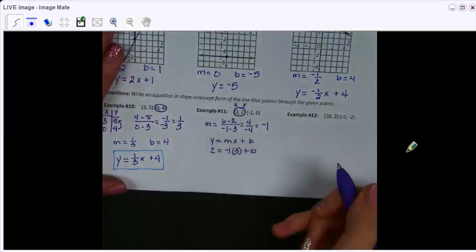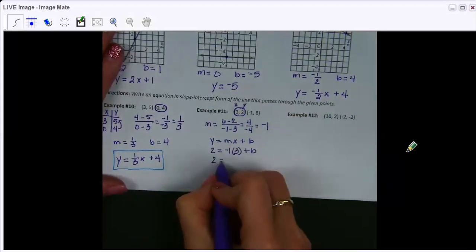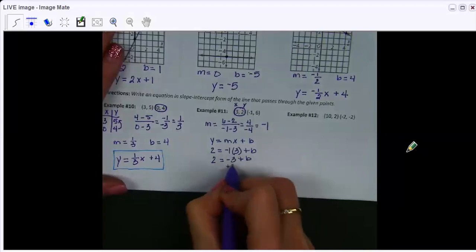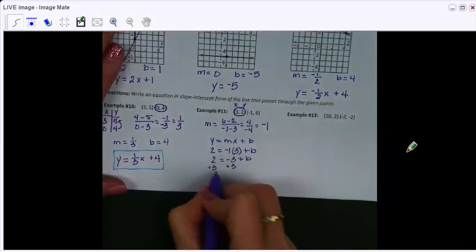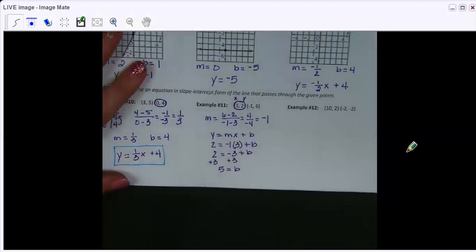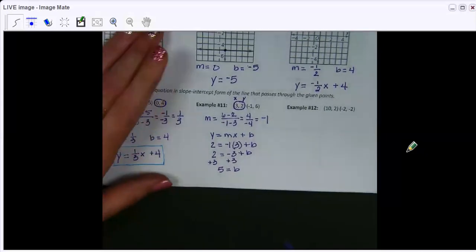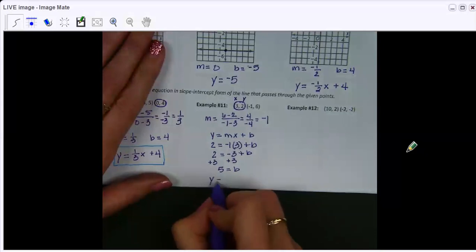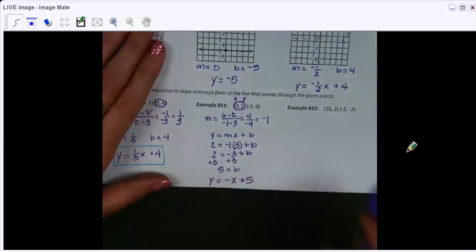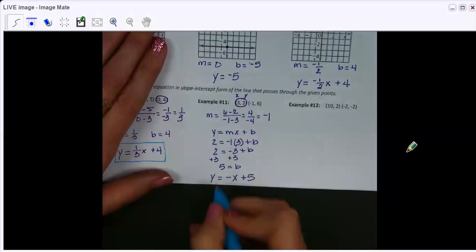And we solve. And so this is what you should have gotten.